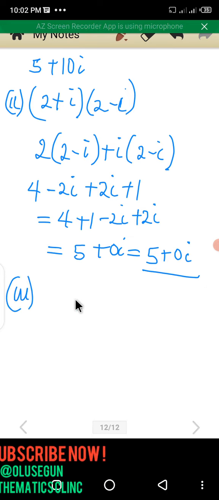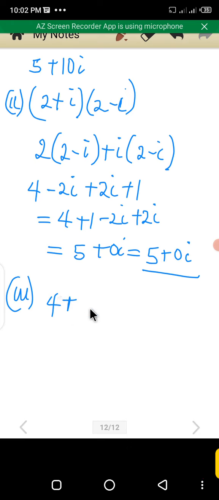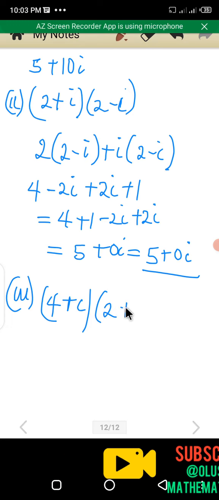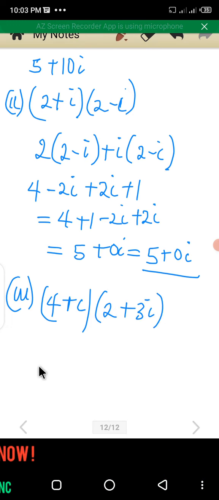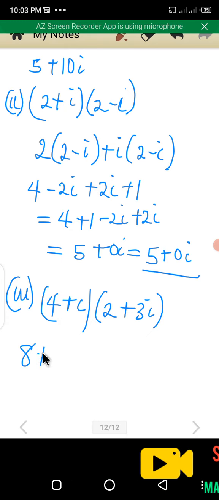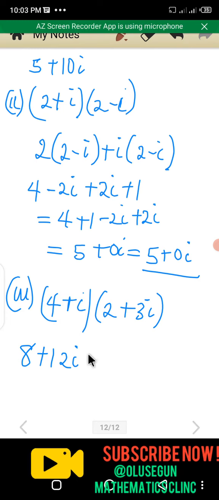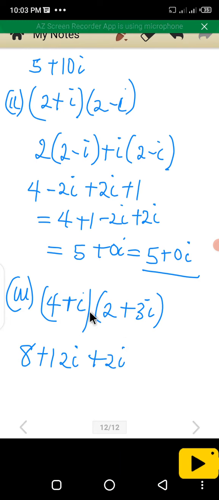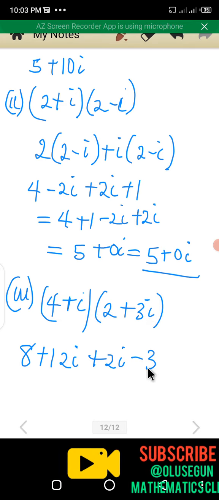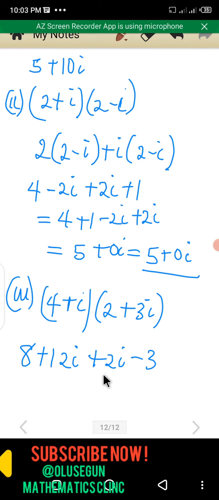Let's also solve the third example, which we have 4 plus I to multiply 2 plus 3I. As I've said, that is 4 times 2, 8, 4 times 3I plus 12I, I times 2, that is plus 2I, 3I times I gives you minus 3.